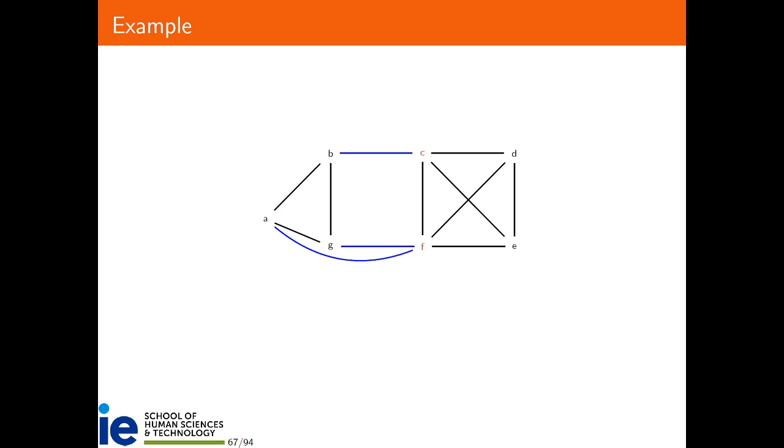So it may look like that, for example, by deleting edges BC and GF, I make the graph disconnected. But there is still the edge AF that connects the two sides of the graph. So, for example, an edge cut is the set AF, GF, BC, because then ABG is a connected component and CDFE is another connected component.